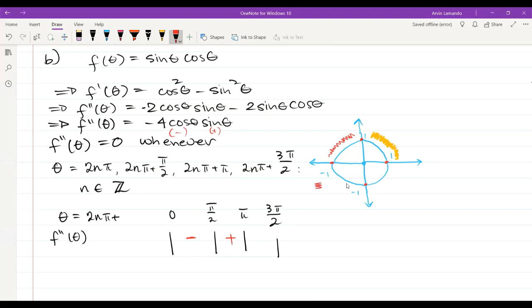And in the third quadrant, cosine is negative and sine is negative. So f double prime of theta is negative.